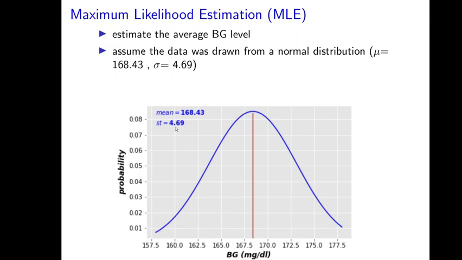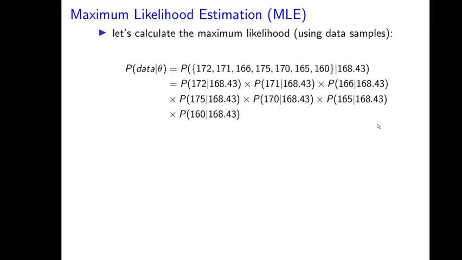Now, after we make this assumption that the data were drawn from a normal distribution, we'll try to calculate the maximum likelihood using the data samples that we have. We'll say that the probability of data given theta is equal to the product of the probability of each data observation given theta, and here we are maximizing the mean parameter.